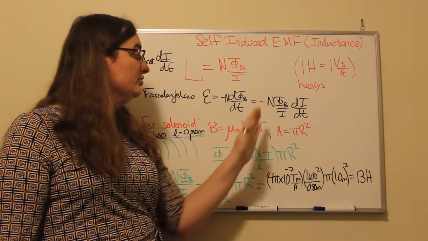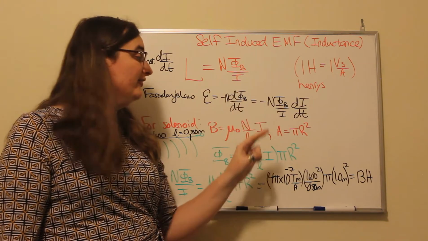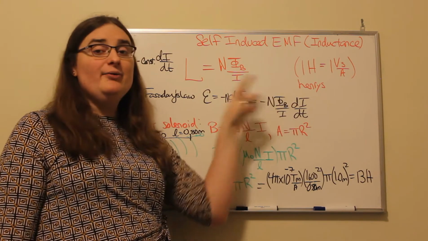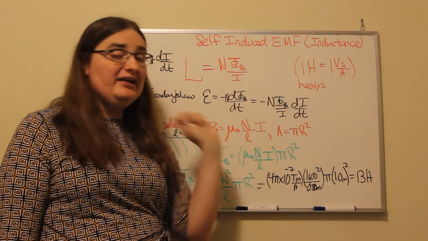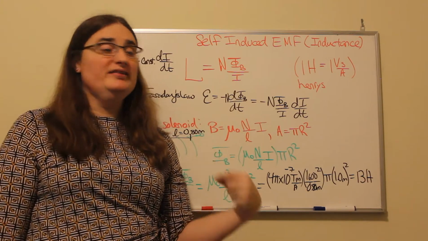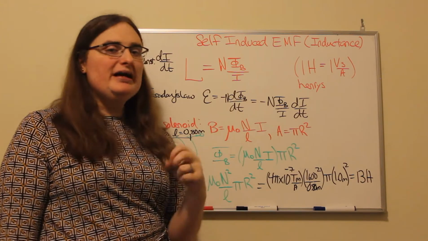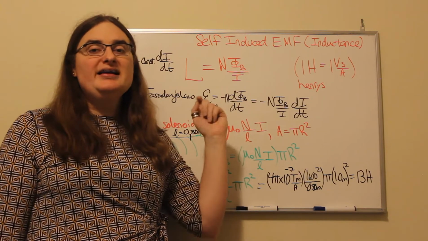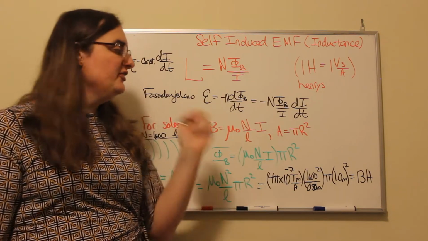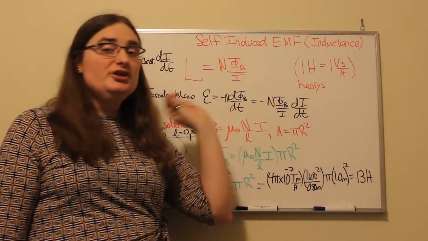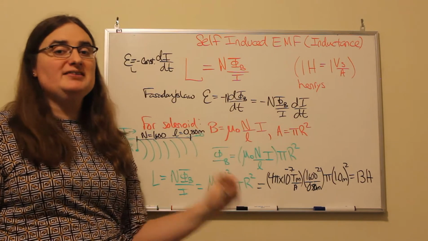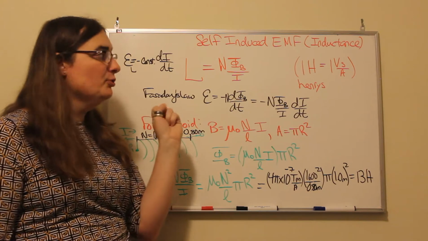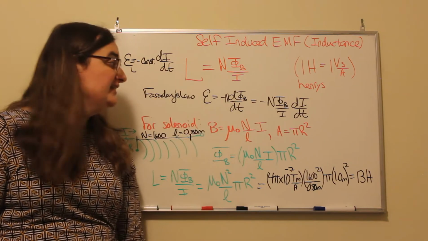So what we could do is pull that factor out and take a look at the flux that we have per coil divided by the current causing that flux. And we'd be left with our changing current with respect to time. And self-induced EMF is directly proportional to the changing current with respect to time. And that constant of proportionality is what we call the inductance.